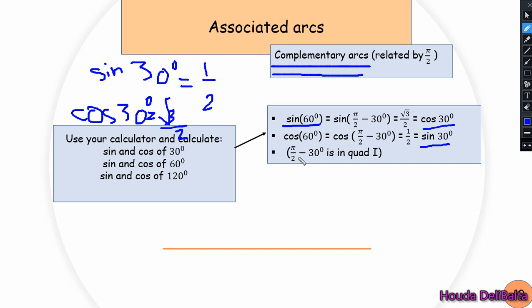And note that pi over 2 minus 30 is in quadrant 1. That's why the sine and the cosine are positive, because in quadrant 1 all are positive. Let's continue.